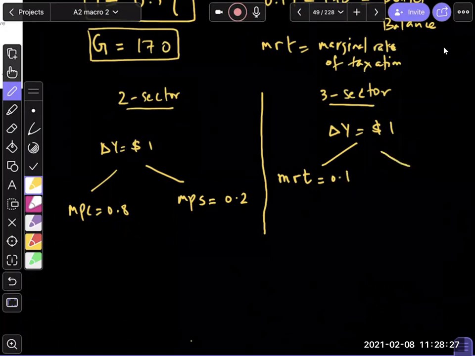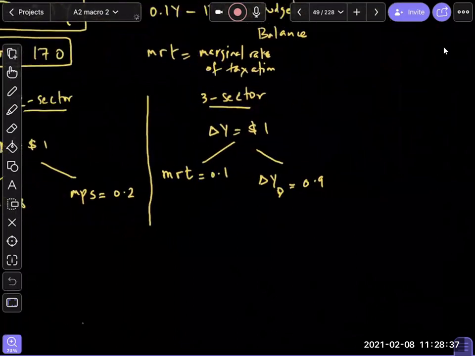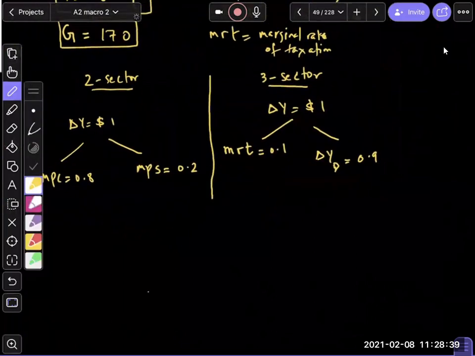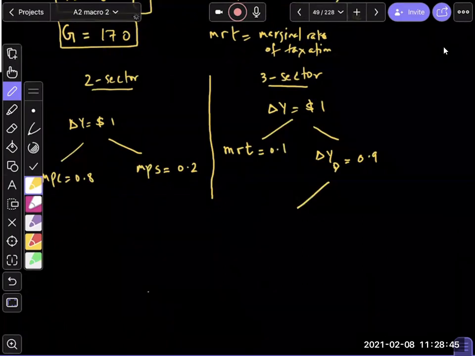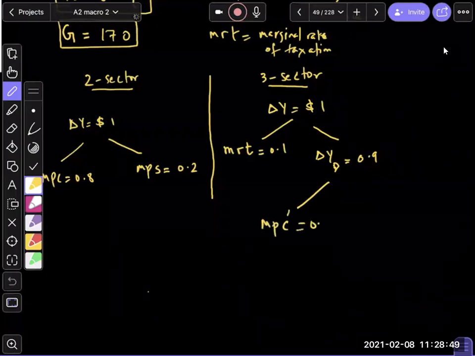How much am I left with now? I'm going to call this change in YD, D for disposable income. I'm left with 0.9 now. How much do I now spend from 0.9? Which means my new MPC dash will be 0.9 into 0.8.